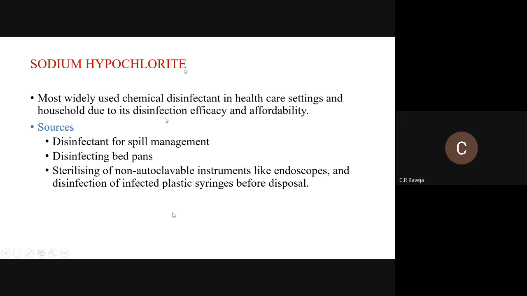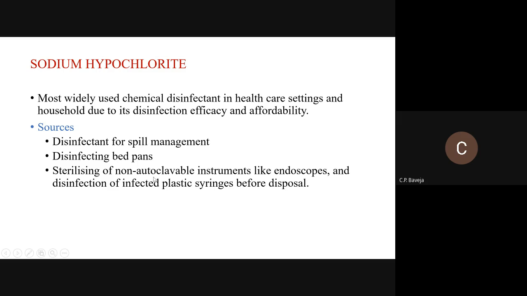Very effective disinfectant, used for spill management. As I said, if any body fluid or blood spill occurs, you have to use this sodium hypochlorite solution, and for disinfecting bed pans and sterilization of non-autoclavable instruments.